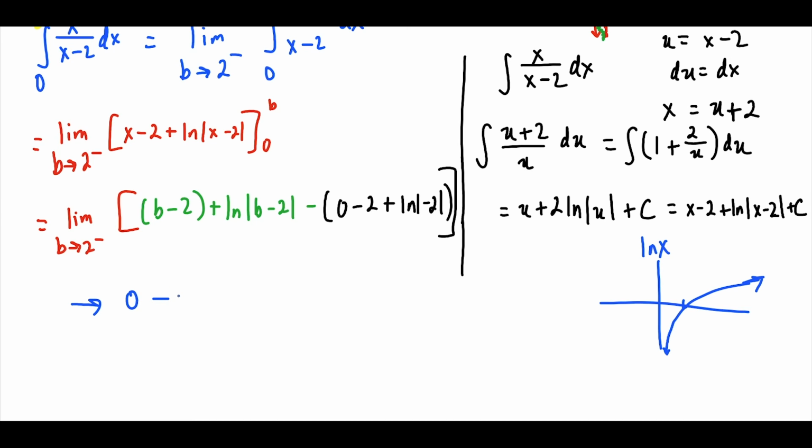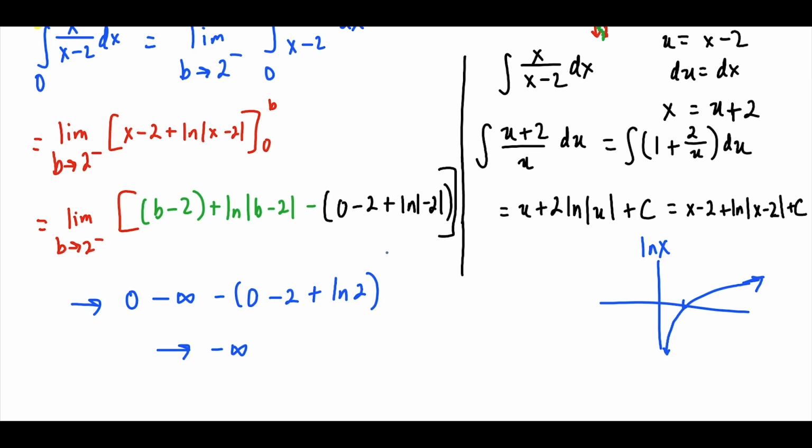So we're going to have 0, and this term here is going to tend towards negative infinity. So this first term goes to 0, the second term goes to negative infinity, and now we have minus, and in the parentheses we have 0 minus 2 plus natural log of 2. But if you look at this entire expression here, the entire expression is just heading towards negative infinity.